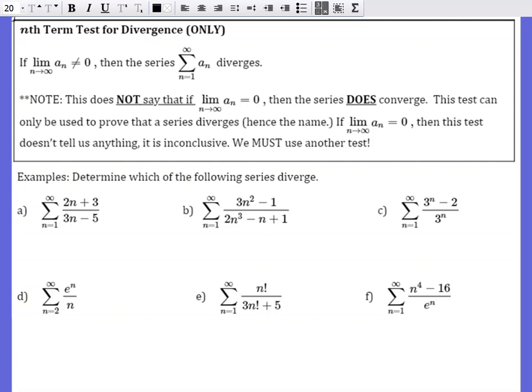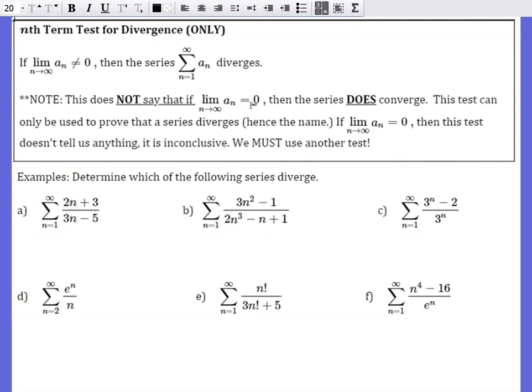Well, the thing with this test is that if you don't get 0, then we're going to say it diverges. However, if you do get 0, we don't know for sure if that's a converge or diverge. That's going to be inconclusive.